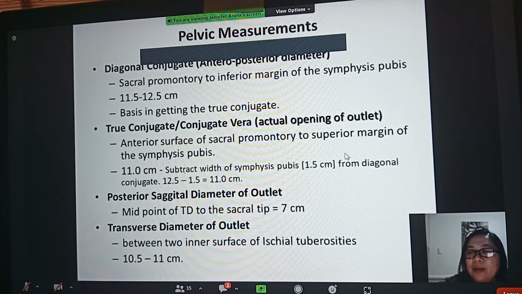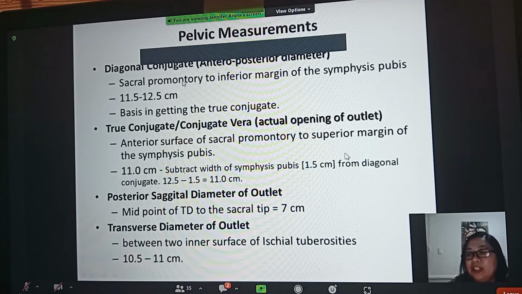As I said a while ago, we have to determine the size of the pelvis, kung maiko ba ang pag-aki sa bata diha sa iyang pelvis. So what are the different pelvic measurements? First, we have the diagonal conjugate. This is the antero-posterior diameter of the pelvis.